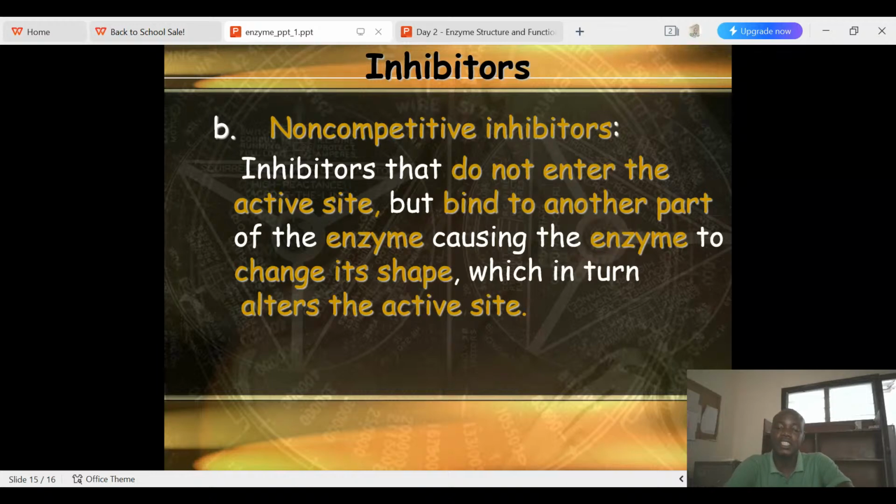So you see, in the case of non-competitive inhibitors, the inhibitor is not binding to the active site of the enzyme. Rather, it is binding to another site on the enzyme. And once it binds, it will change the conformation of the active site.